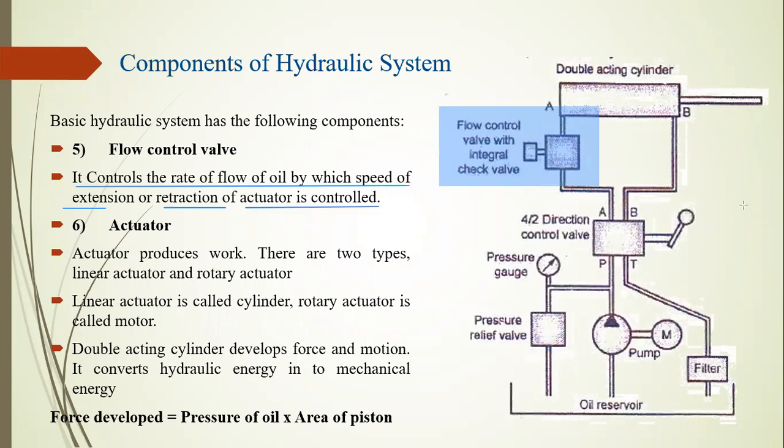Suppose my double acting cylinder moves 1 mm per second. That is a very slow speed. Here the piston moves from the left-hand side to the right-hand side at 1 mm per second.